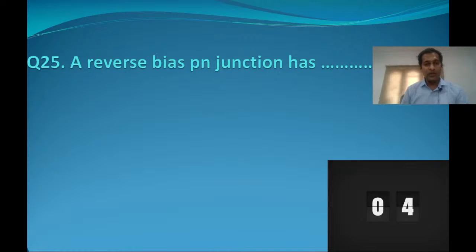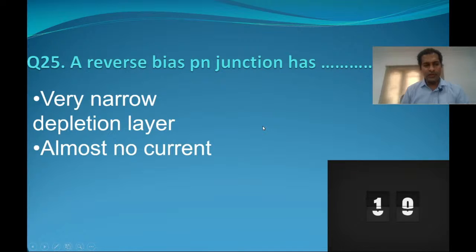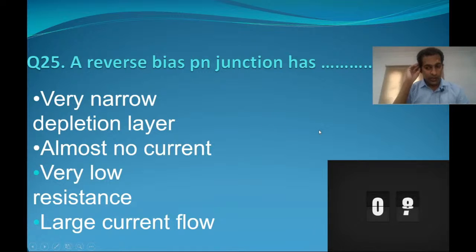Next question is, the reverse bias PN junction has: a very narrow depletion region, almost no current, very low resistance, or large current flow. Let your timer start from 1. Time starts now. In reverse bias, what happens, whether it is on or off? In reverse bias it is off.